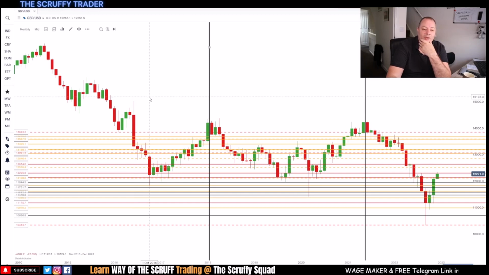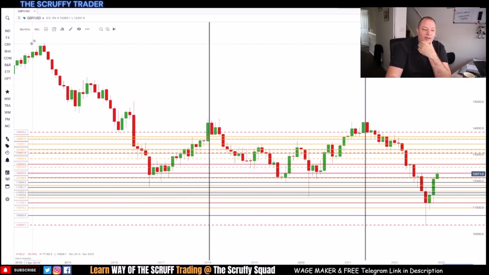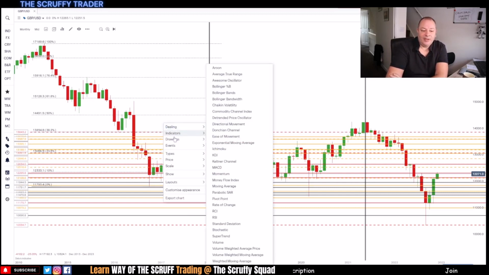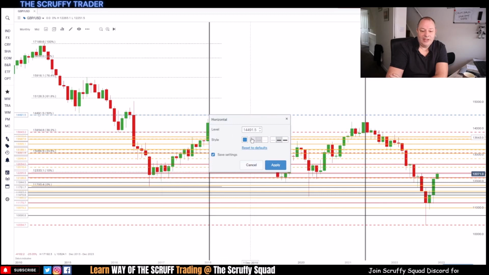So the first one was obviously here. If I drop my retracement on, I can see the strongest move was there, which gave me my pivotal point, which is the 23 and the 38. And I could even drop in the 50, so you can see it, which is there. Right.